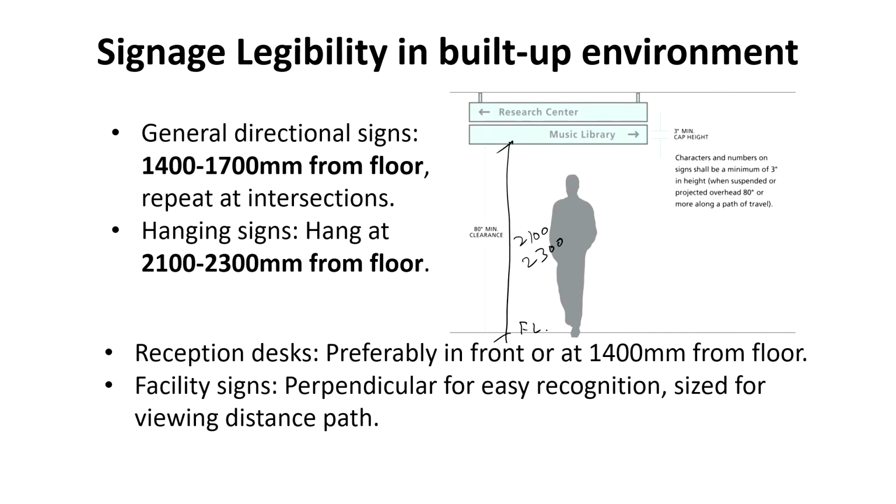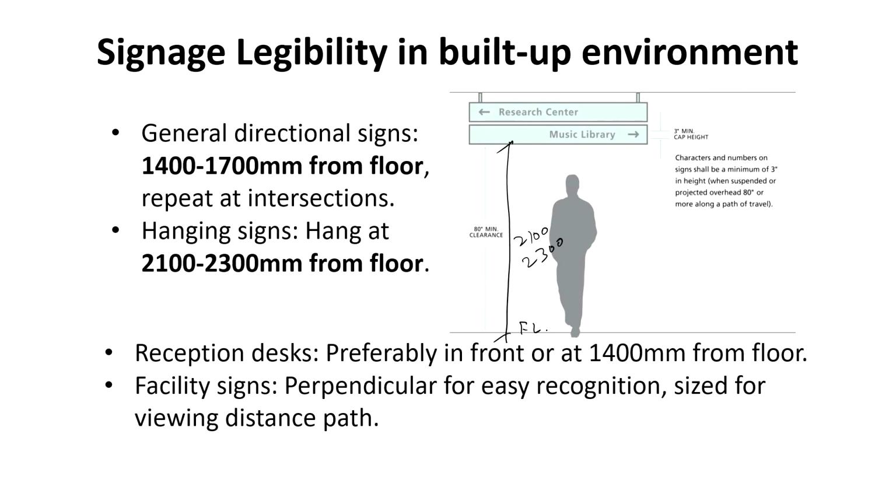The reception desk, probably the font which has been used on the reception desk can be used by wheelchair users. So, it has to be taken into consideration according to the accessible guidelines. Even the lifts and toilet signages have to be perpendicular for easy recognition, and sized for the viewing distance.